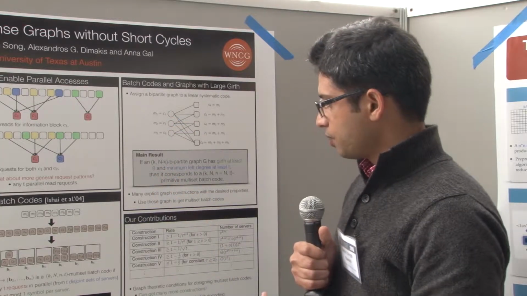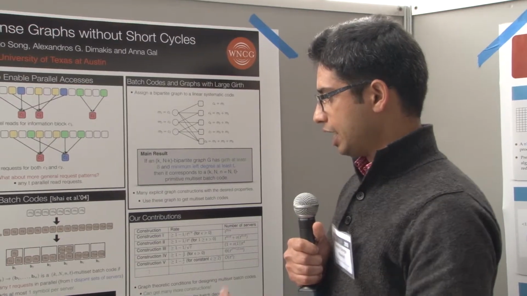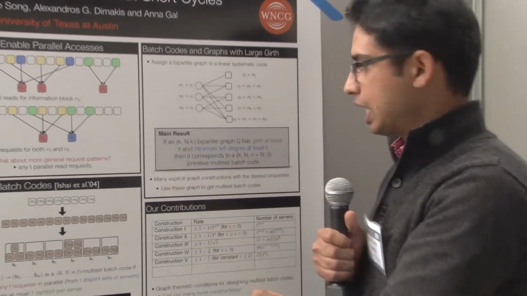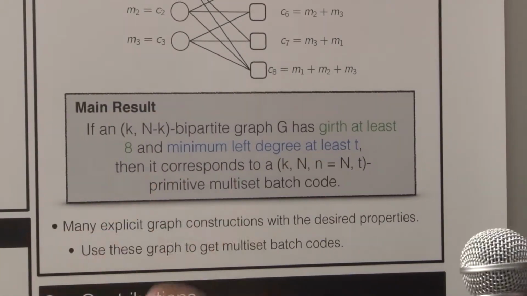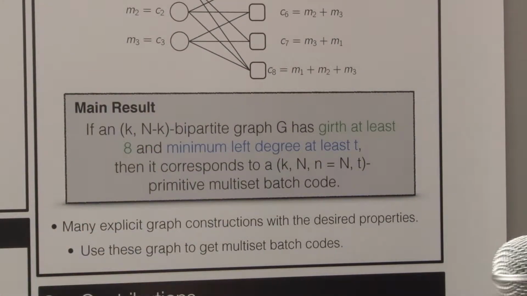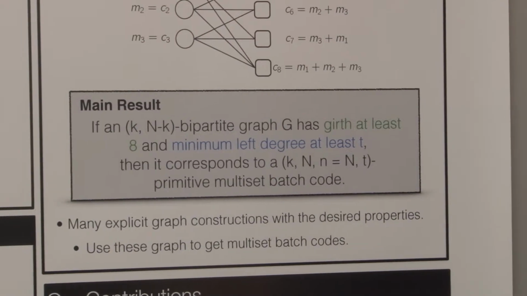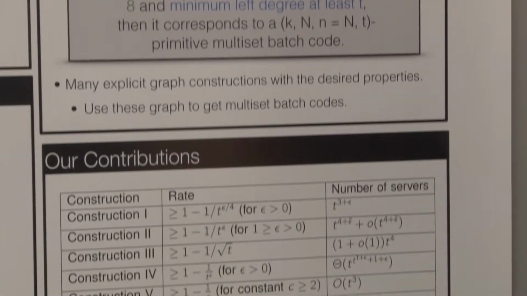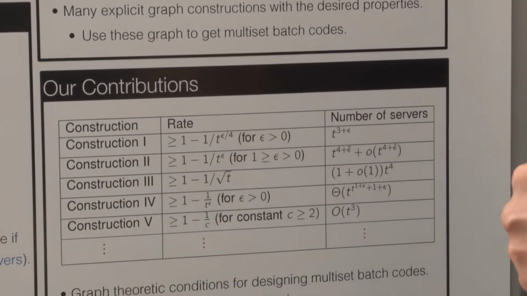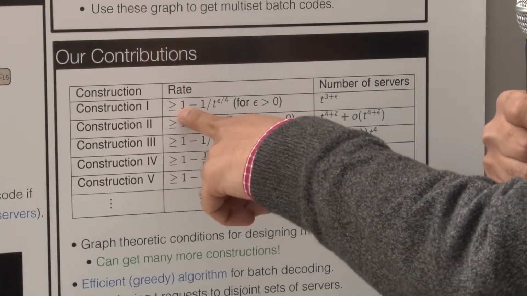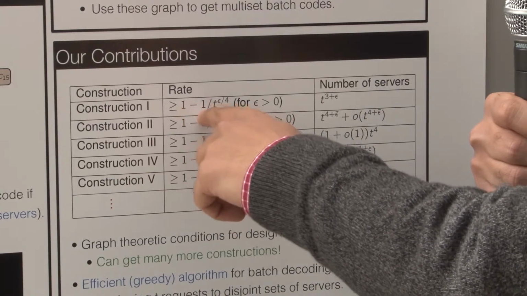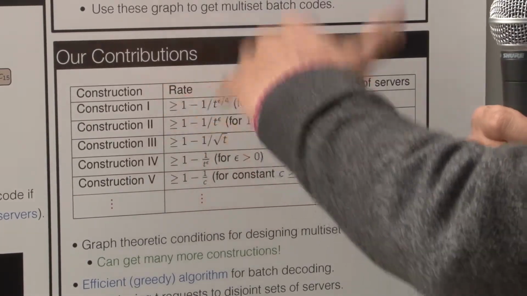In fact, there are many constructions in the literature which give you such graphs, and you can take each of those constructions and get a new family of multi-set batch codes. Here I'm summarizing a few families of multi-set batch codes which we got from existing graph constructions. For example, in this construction, we can get a rate which is at least 1 minus 1 over t to the power something.